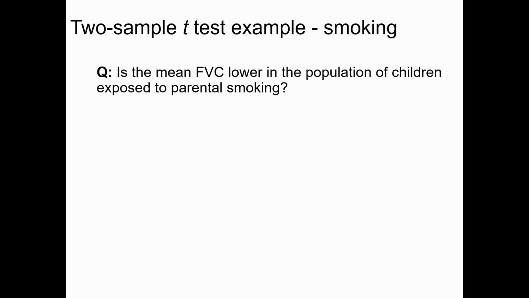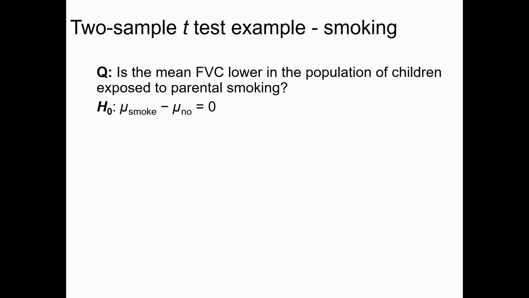So the question again, is the mean FVC lower in the population of children exposed to parental smoking? I'm just restating it here because now we're going to talk about the hypotheses. So the null hypothesis for that would be the mean of the population of children with parents who smoke minus the mean of children with parents who don't smoke is 0.